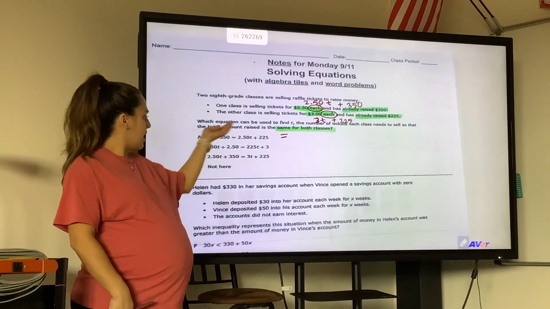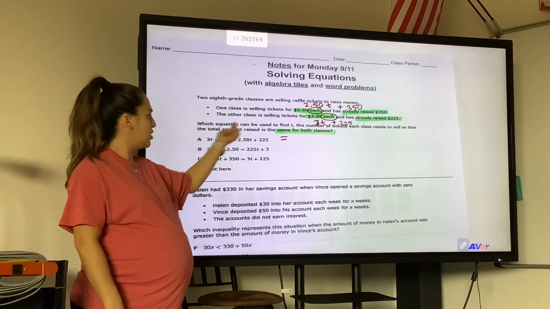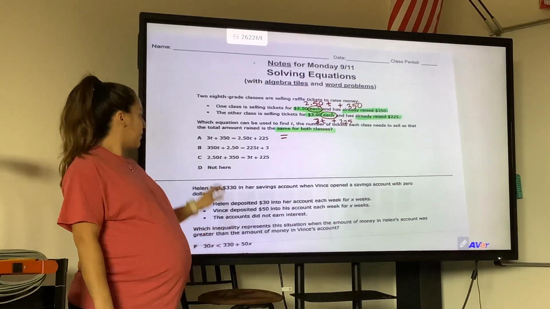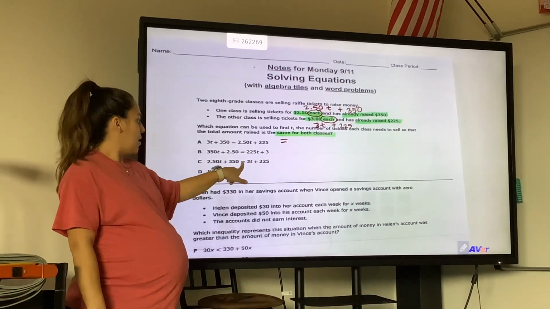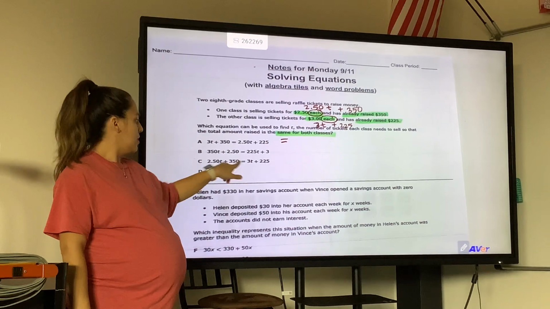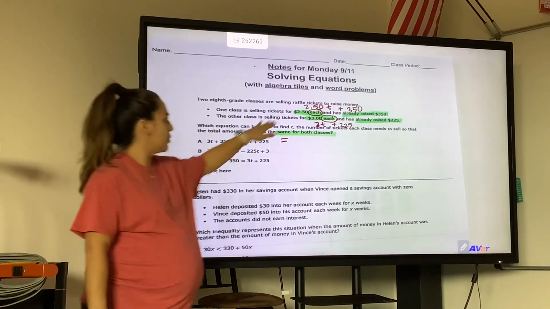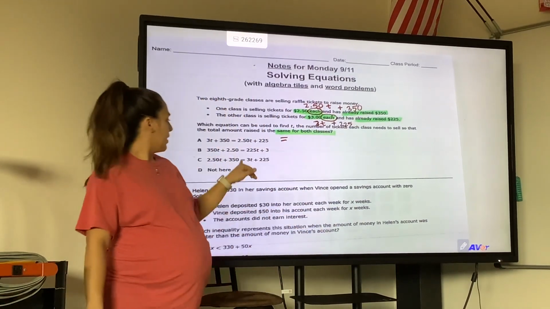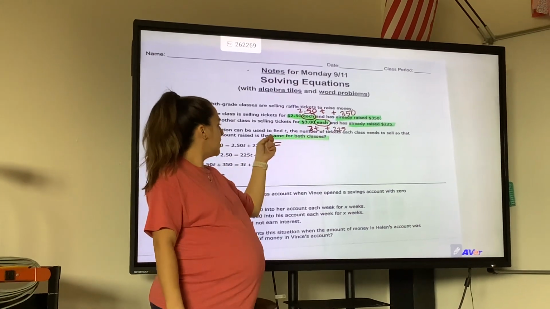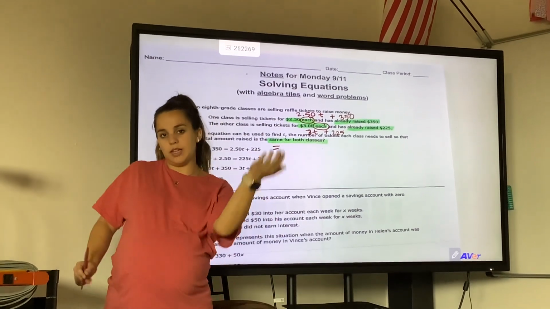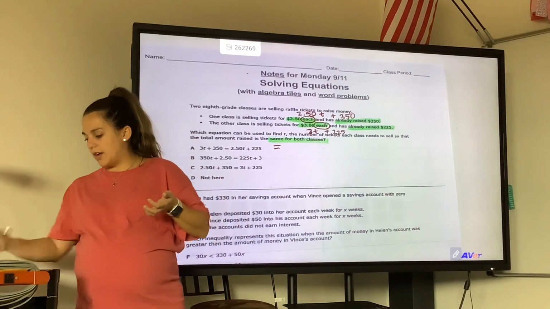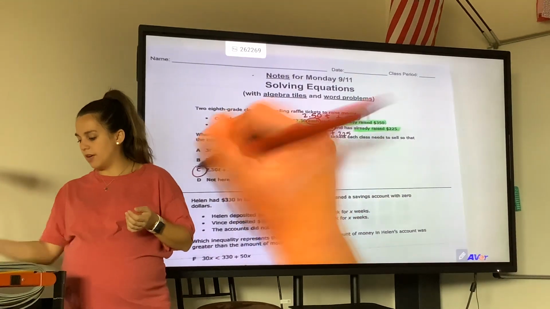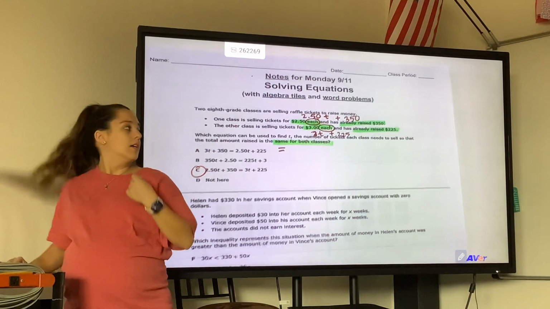Now I can look down here and see which one is exactly like what I have, and I see this one, C. I also see the equal sign in the middle of 2.50t plus 350, which is what I wrote here and here, because it said they wanted the classes to be the same. They wanted one class to be the same as the other class, which means equals. So there's our answer. Okay, let's keep going.